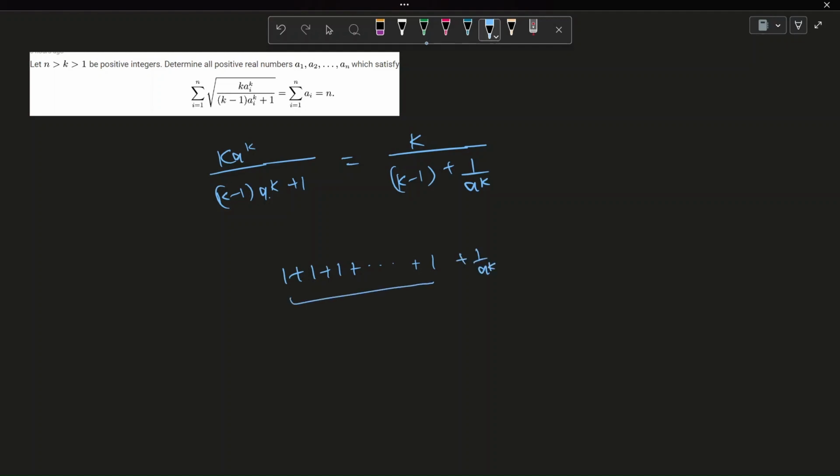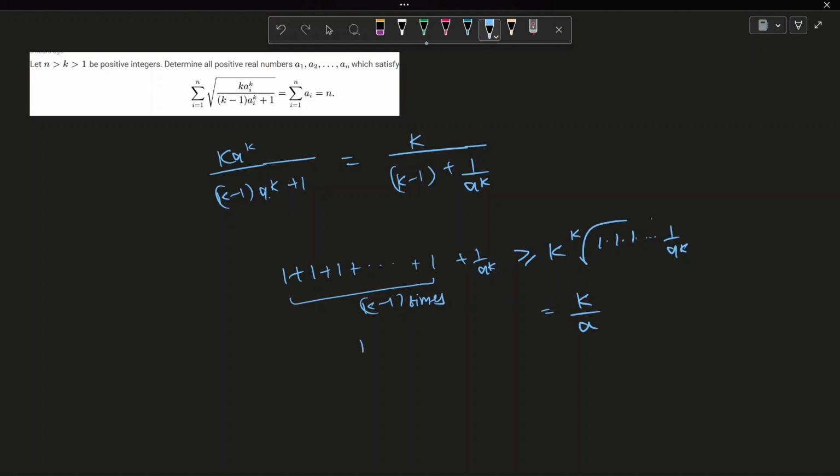Notice that this is k minus 1 times, and this is greater than or equal to k times the kth root of 1 into 1 into 1, dot dot, into 1 upon a power k. And see, a power k is there and kth root, so both of them will cancel each other. This will become equal to k upon a.